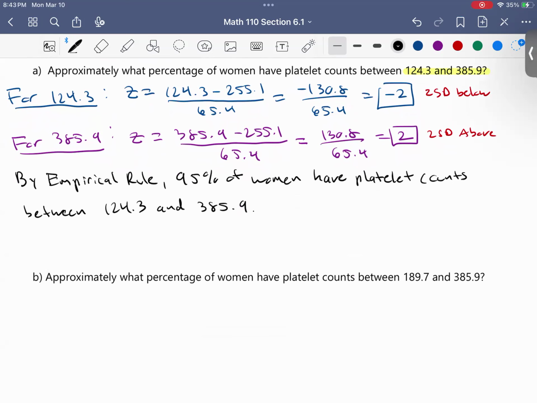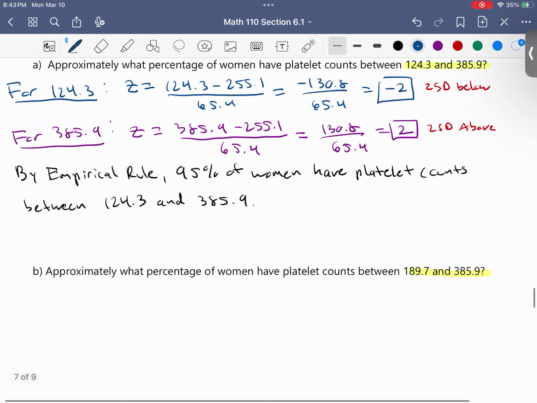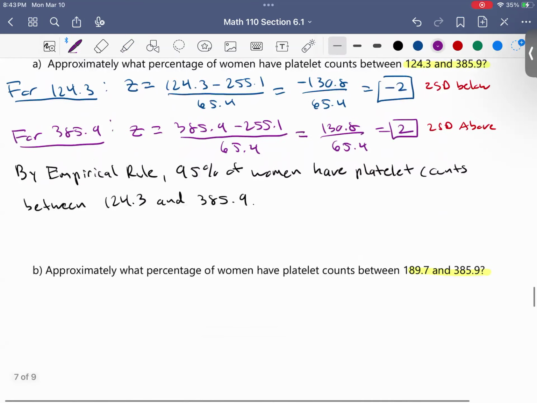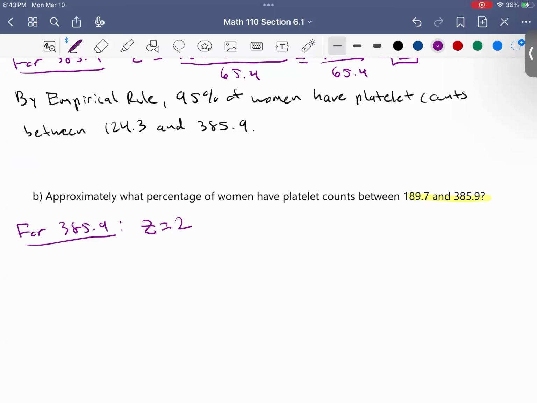For 385.9, we have already calculated that in the previous question: we already have that z equals 2.